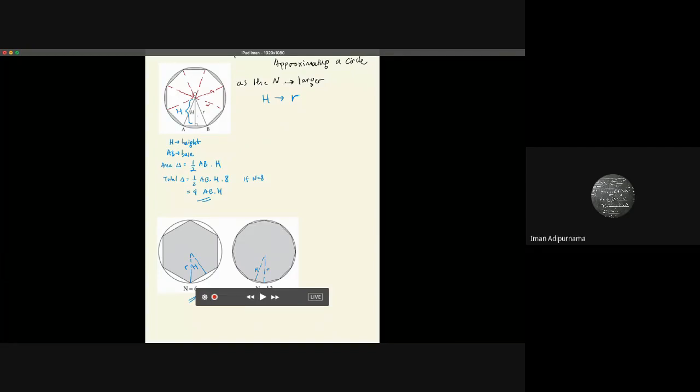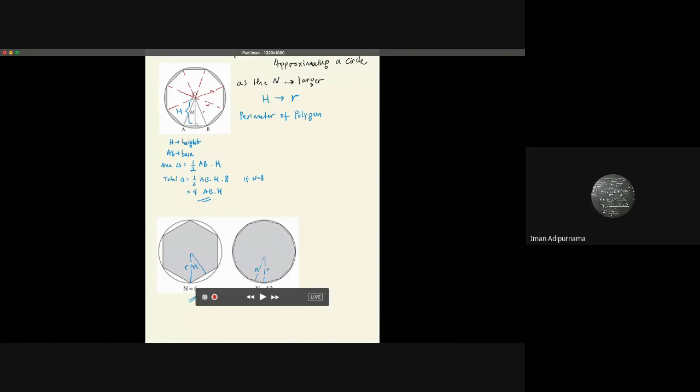So h is getting closer to r. I have the perimeter of the polygon. Perimeter means only the sides.